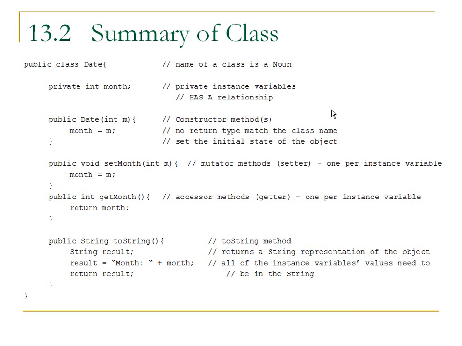So here's the summary for this video of how to define a class. So you make a new file, and the name of the file must match the name of the class. So this code will be in a file called date.java, and we declare instance variables.